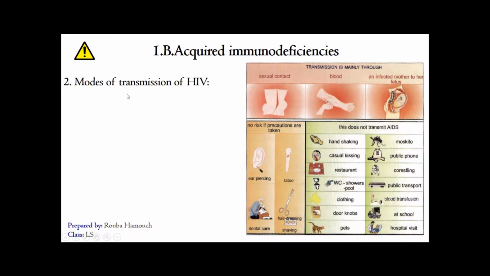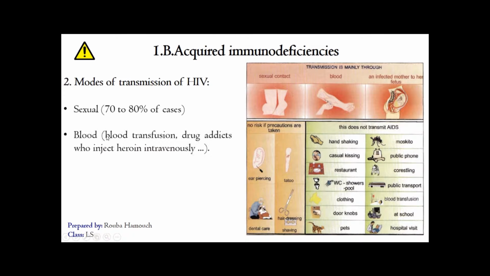As for the modes of transmission of HIV, we have sexual transmission in 70 to 80% of cases. So HIV can be transmitted from one individual to another during unprotected sexual intercourse. Also through blood transfusion, or in drug addicts who inject heroin intravenously.